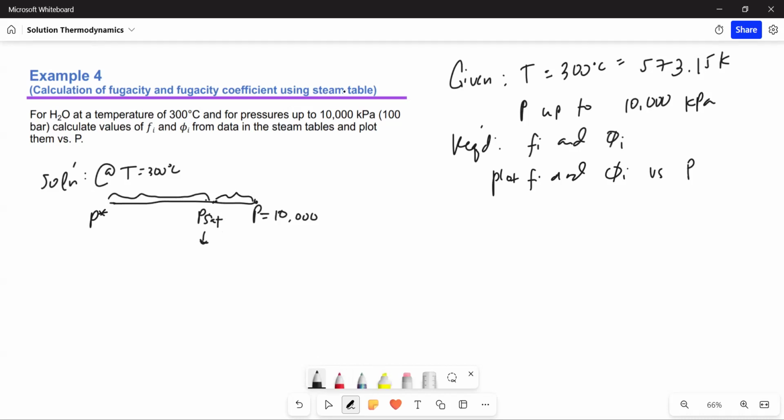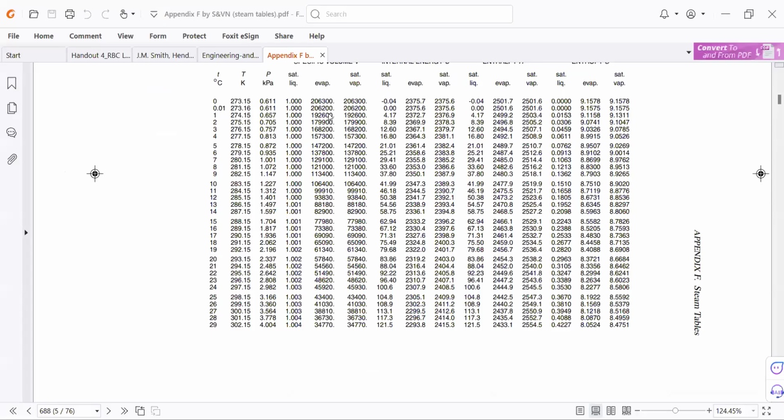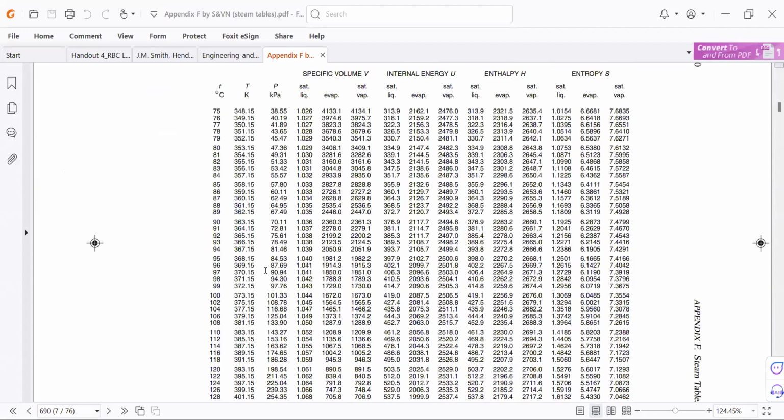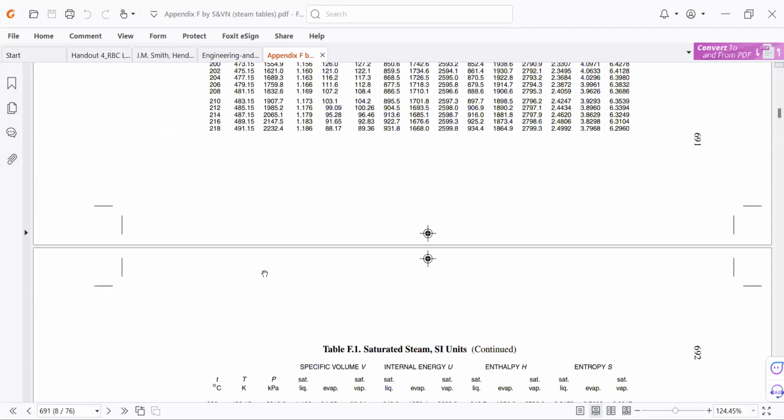And we can use the steam table. So let me open the steam table. All right. Hold on for a bit. Okay, this is the steam table. Look for the P saturation at 300 degrees Celsius.